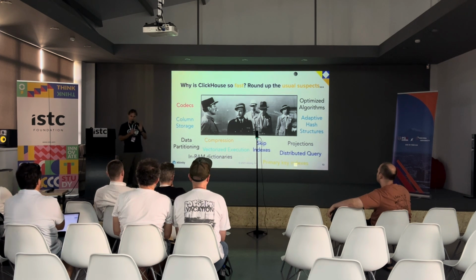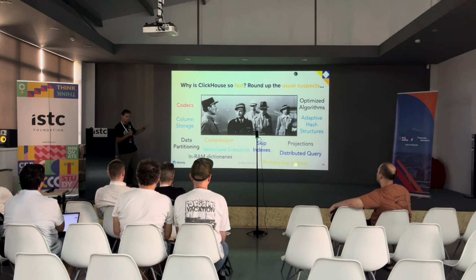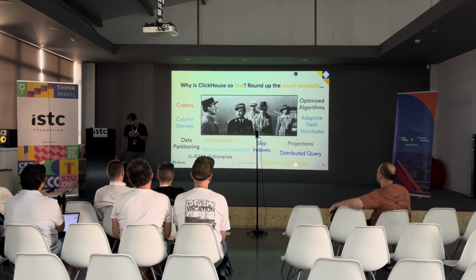Now let's think a little bit about why ClickHouse is so fast. ClickHouse is famous for speed, and it has a lot of different optimizations. Some of them are listed here, and it would take me several hours to explain how they work. But they were all designed by very smart people for speed. So every change in ClickHouse is always tested for speed.